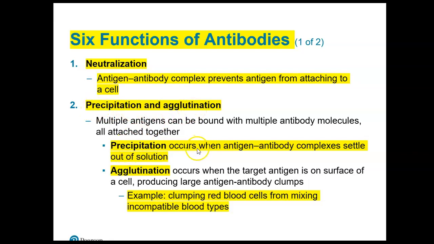Precipitation is when the antigen-antibody complex settles out of solution. And agglutination is like what we saw with the wrong blood type being donated to a recipient. It caused clumping of the red blood cells. That's called agglutination, and that can happen when antigens are coated with antibodies.